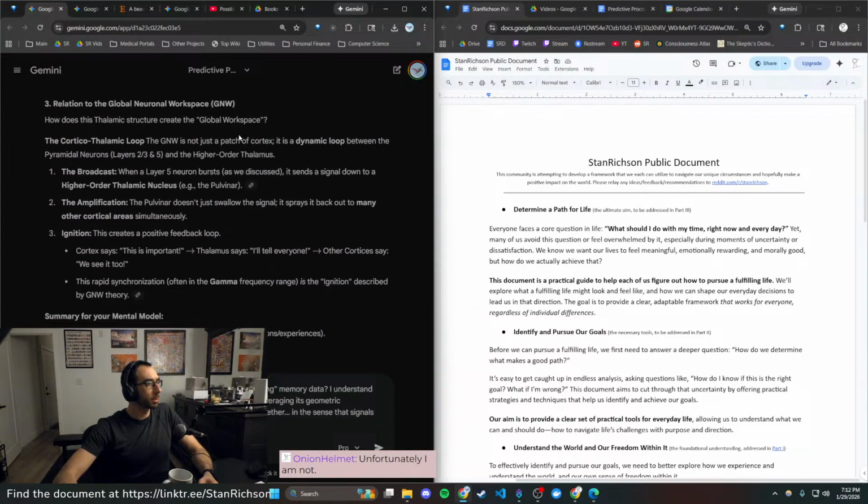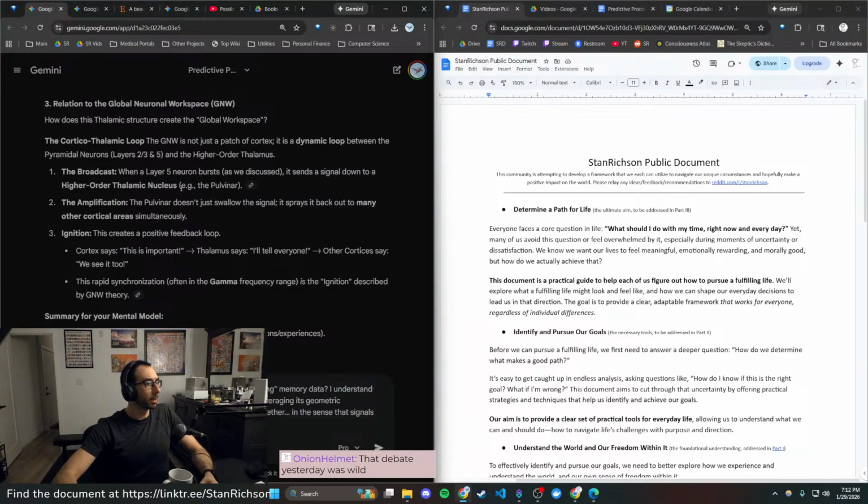How does the thalamic structure create the global workspace? It's not just a patch of cortex, it is a dynamic loop between the pyramidal neurons, layers 2, 3, and 5, and the higher order thalamus. I see. When a layer 5 neuron bursts, as we discussed, it sends a signal down to a higher order thalamic nucleus.